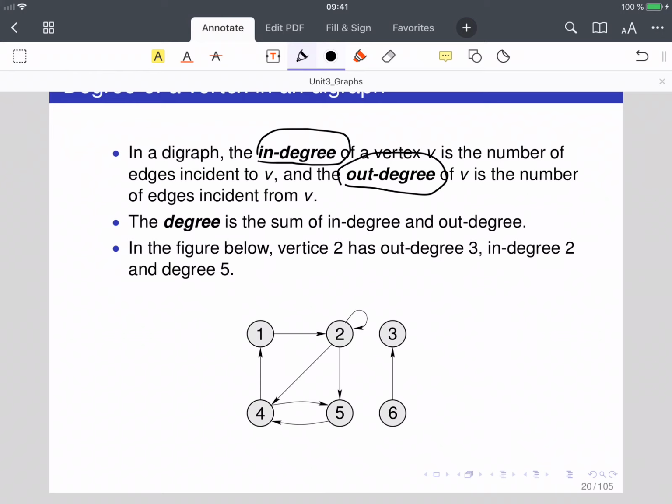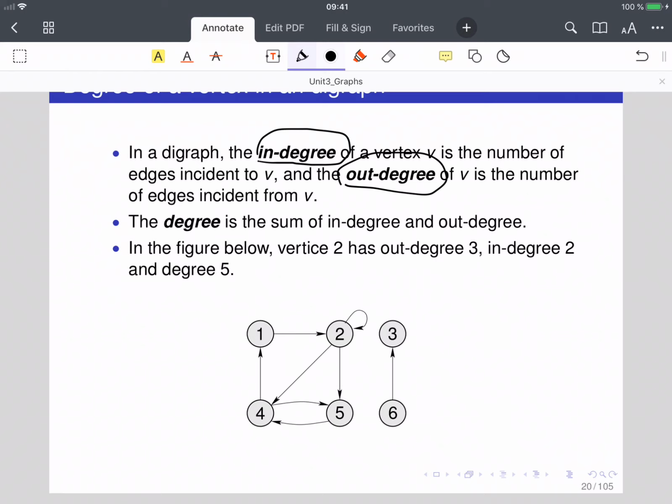The in degree is the number of edges that are incident to the vertex, so the number of edges that have the vertex as their end point, that end in that vertex, while the out degree is the number of edges that are incident from V, that start in V, that have V as their initial point.